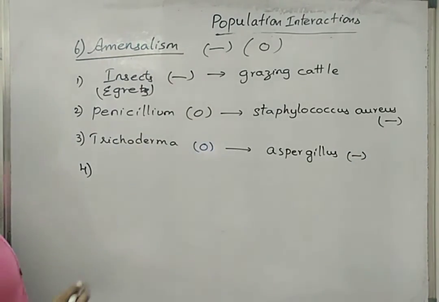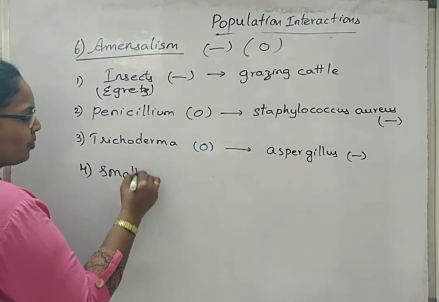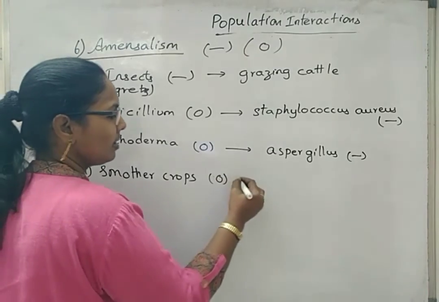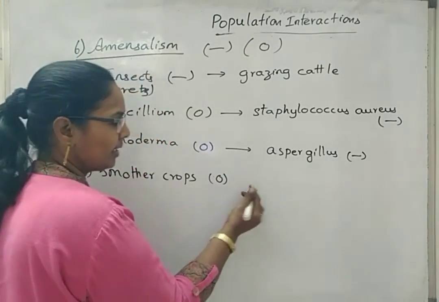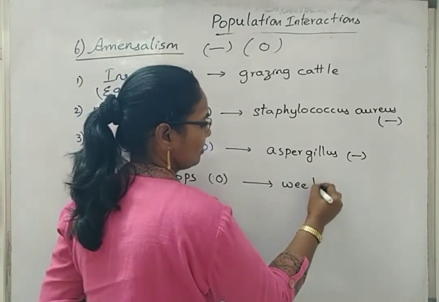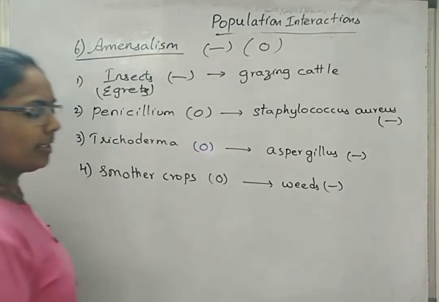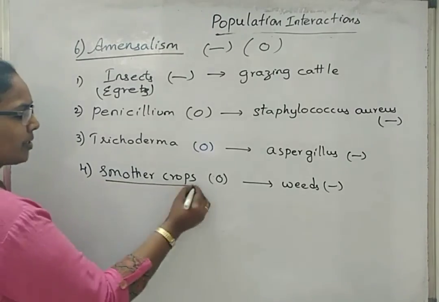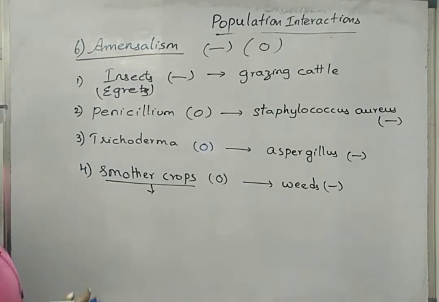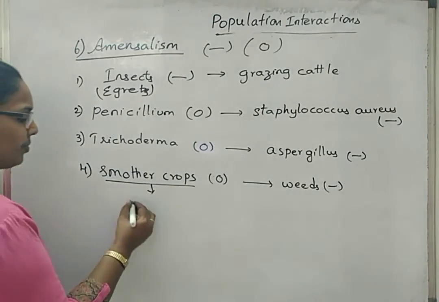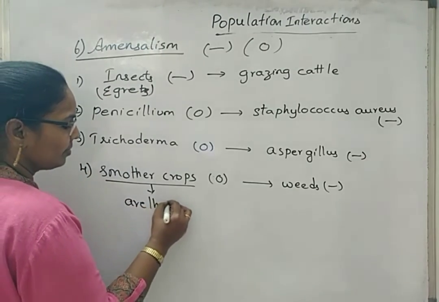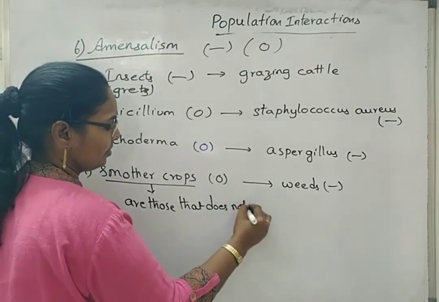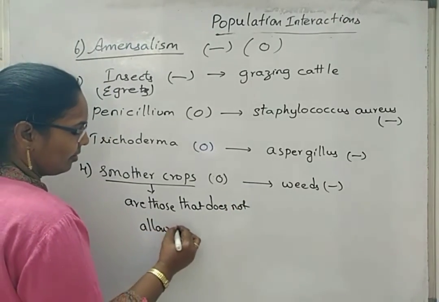Another example we can take is smother crops, which are not having any harm from the weeds. So the weeds are getting harmed in case of this type of combination. Now what are these smother crops? These smother crops are those that do not allow weeds to grow.